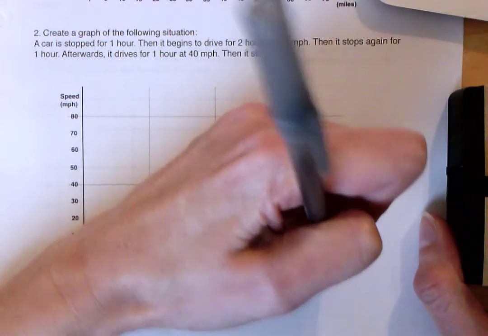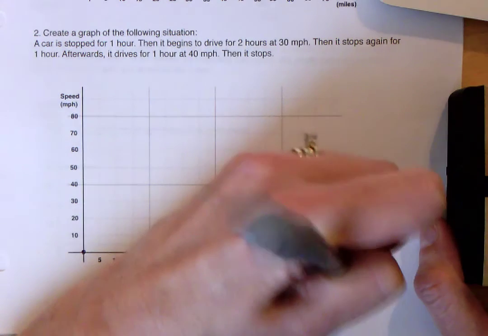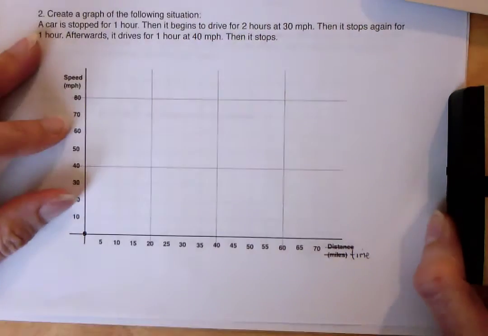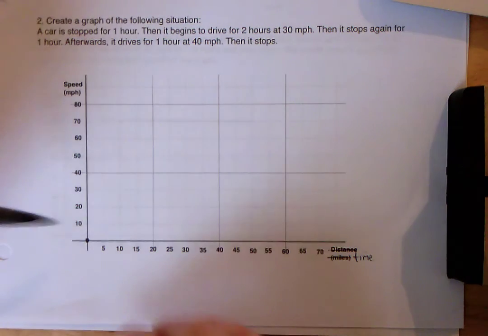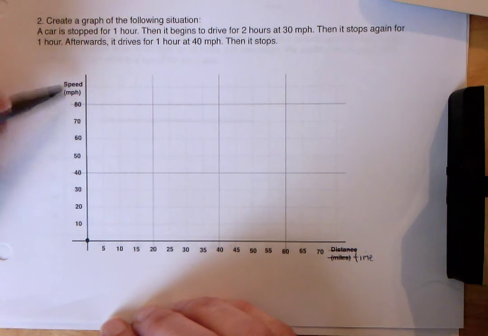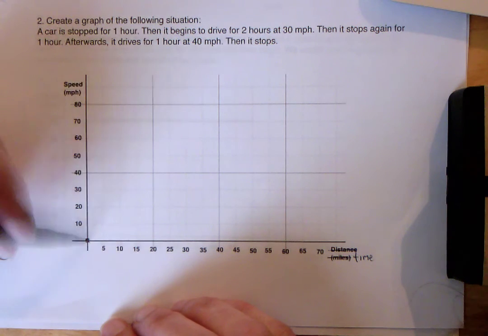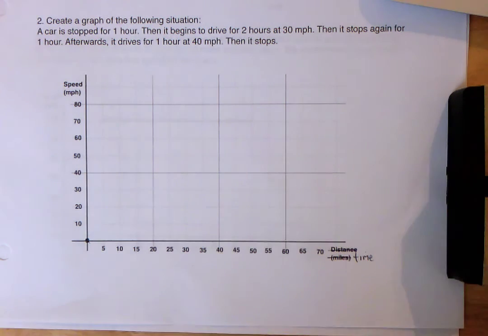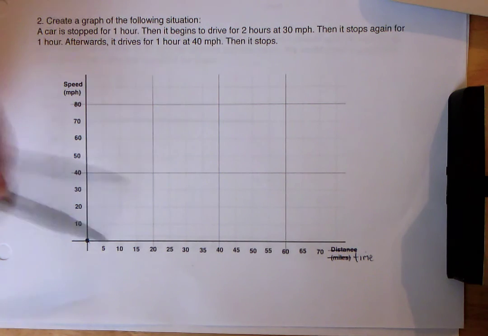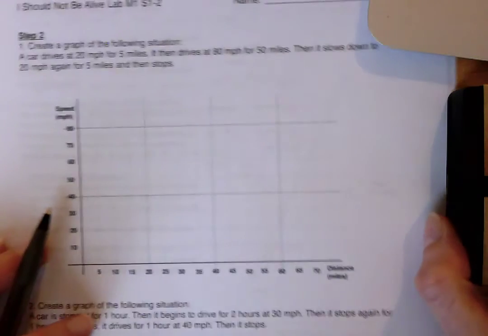So technically this should be changed to time. Alright, let's try this again. So a car is stopped for 1 hour. So in this case, its speed is 0, and it's an entire hour. And again, I need to redo this graph. So let's just go up to the top one, and I'll fix the graph.